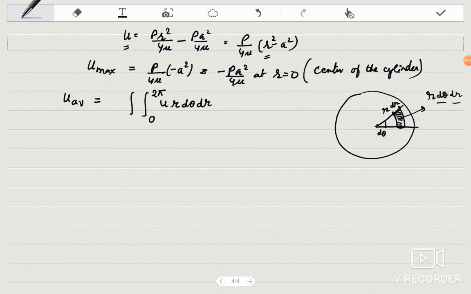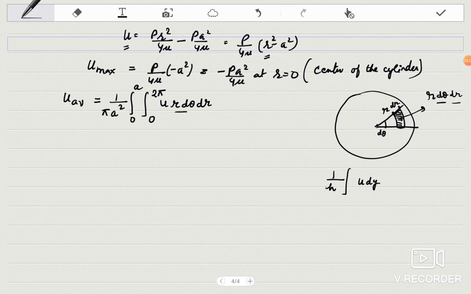Limits of theta are from 0 to 2 pi, and limits of r are 0 to a. This is your flux, and this will be divided by cross sectional area, which is 1 upon pi a square. If you remember, in the flow between parallel plates, I have taken the width of the plates, depth of the fluid 1 upon h, then it was taken as u dy.